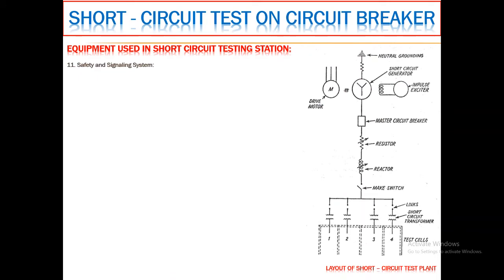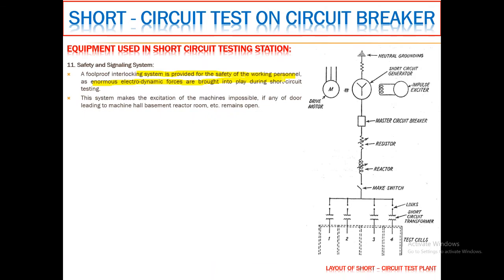Safety and signaling system. A foolproof interlocking system is provided for safety of working personnel, as enormous electrodynamic stresses or forces are brought into play during the short circuit testing. This system makes the excitation of machines impossible if any of the doors leading to the machine hall, basement, reactor room, etc. remains open.